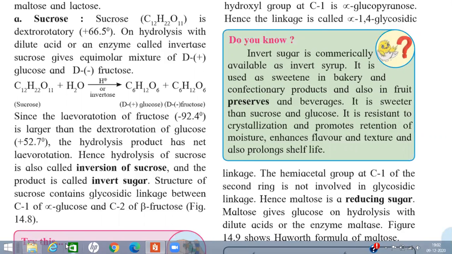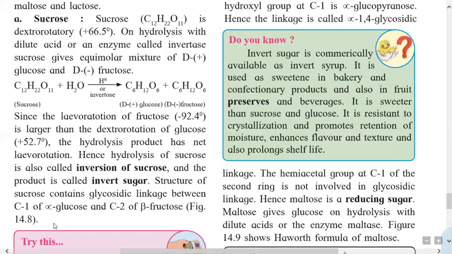In the last lecture, we had studied the structure of sucrose. We know sucrose is a disaccharide having molecular formula C12H22O11. It is dextrorotatory, that is, it shows optical activity, rotation towards the right side by an angle of rotation plus 66.5 degree.